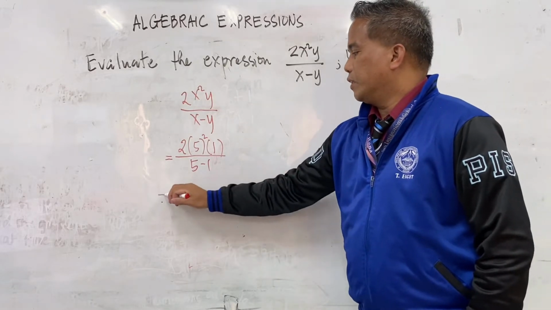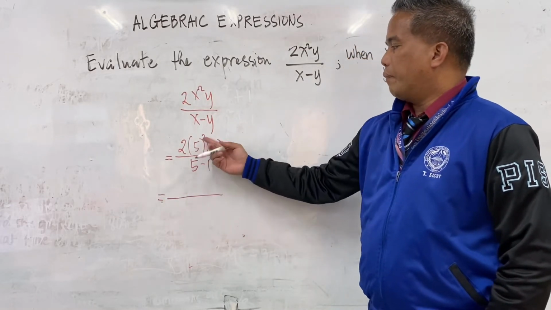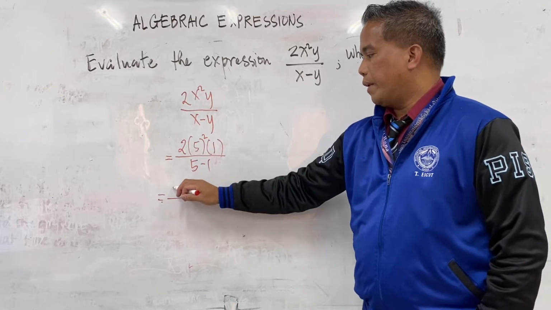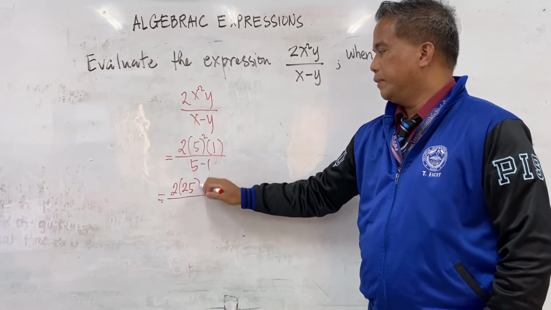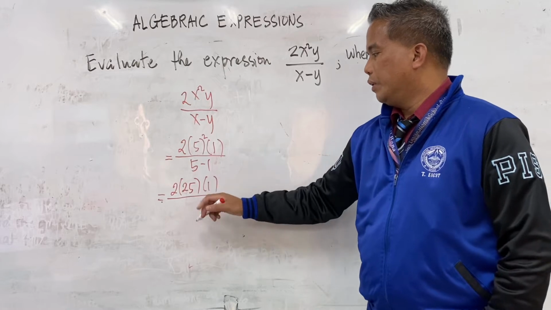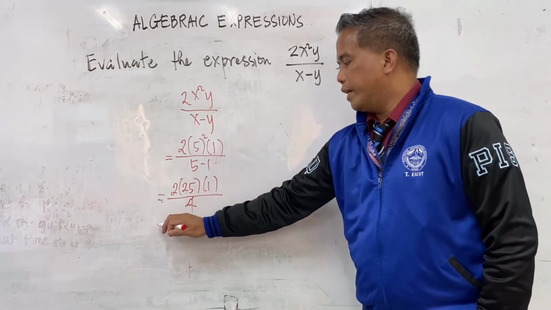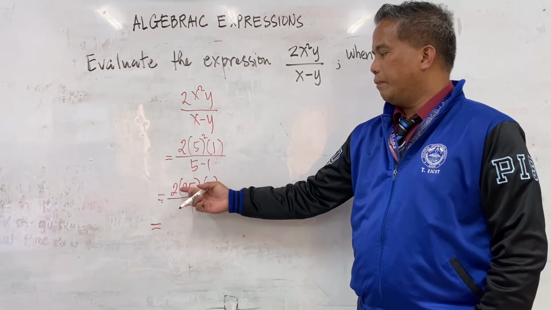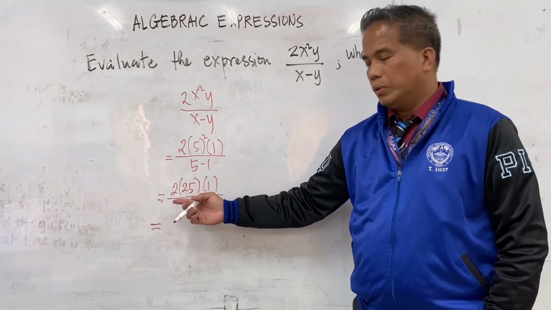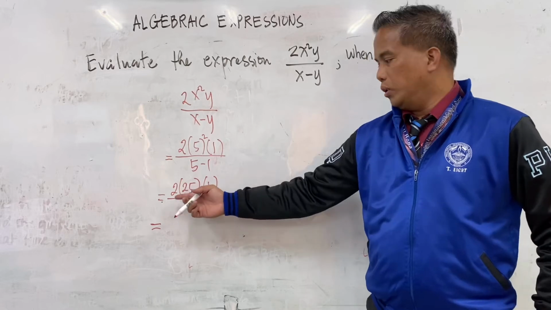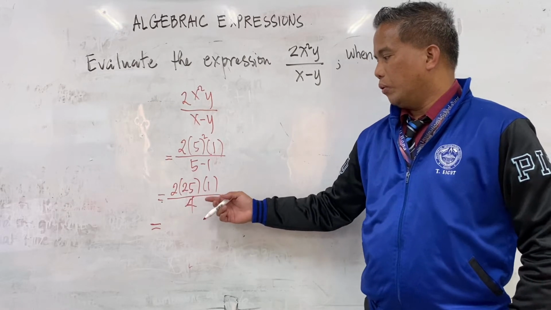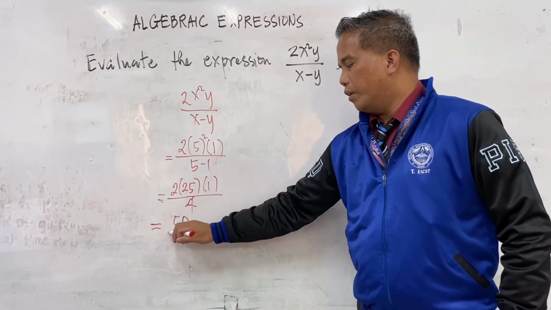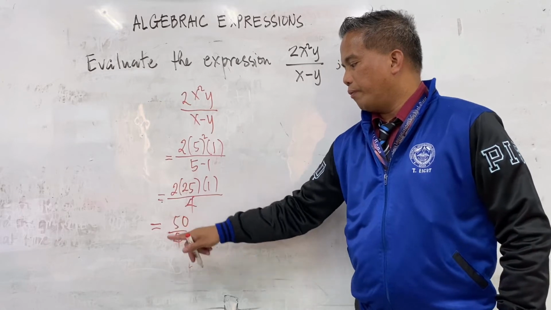So we will write the equal sign here, aligned with the fraction bar. Okay, then this is equal to 5 squared is equal to 25. So 2 times 25 times 1. 5 minus 1 is equal to 4. Then simplifying this, 25 times 2 times 1 is equal to 50 over 4.